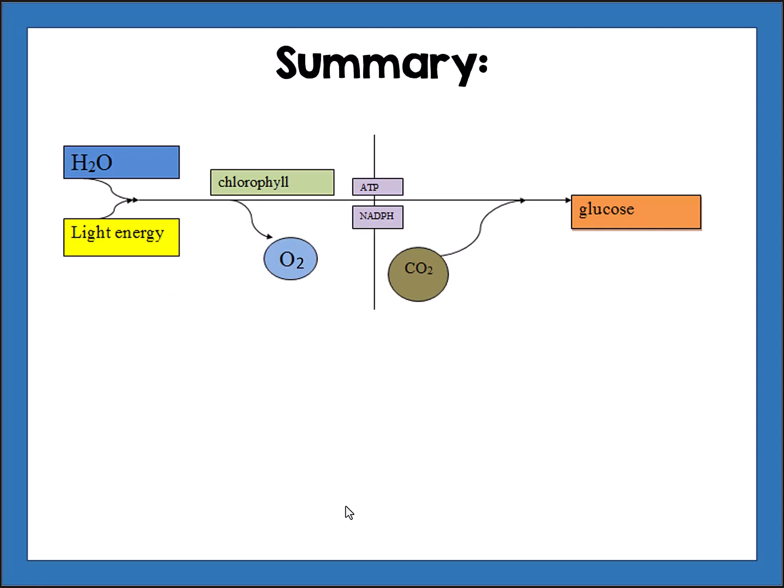So in summary, the light-dependent reactions are bringing in water and light energy and using chlorophyll to produce oxygen, ATP, and NADPH. And then the light-independent reactions are bringing in carbon dioxide with these two inputs to produce glucose.